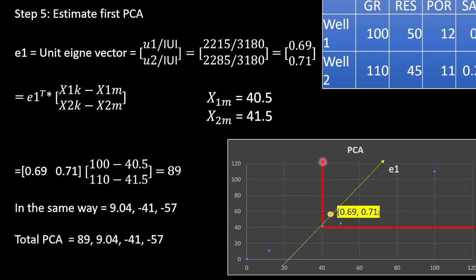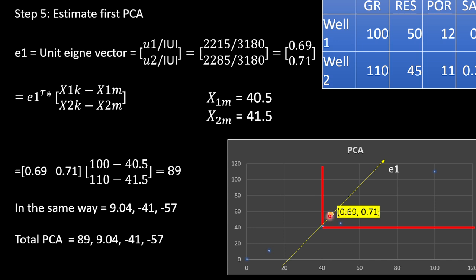You draw a y-axis and x-axis line, and from there try to estimate 0.69 and 0.71. So this is x and this is y-axis. So 0.69 from 0. Right now your 0 value is here. So 0.69 from 0 will be a little bit like this, somewhere around 0.69 here. And 0.71, which is on y-axis, you have to move towards the positive side on y-axis. So this could be the value of your component vector value.